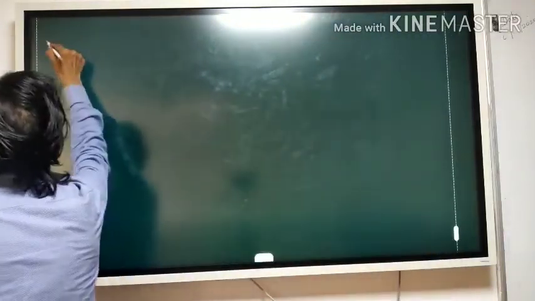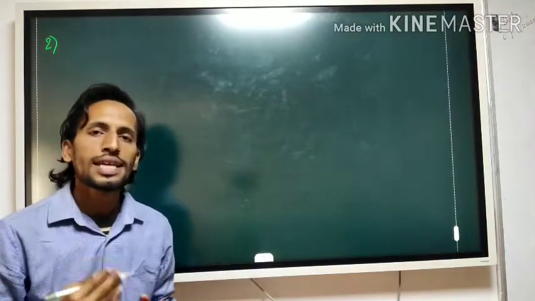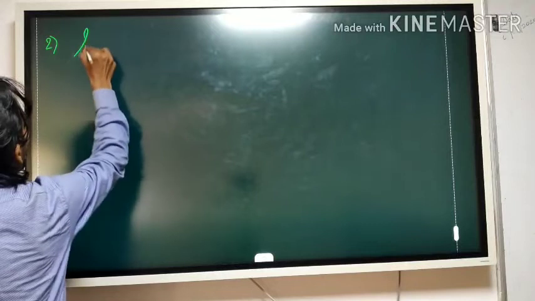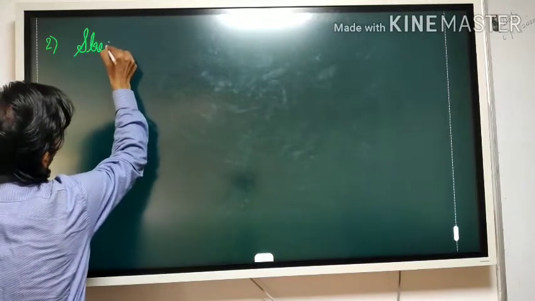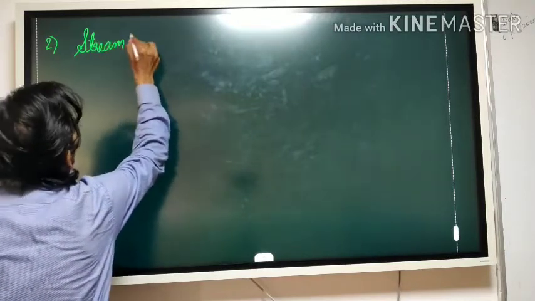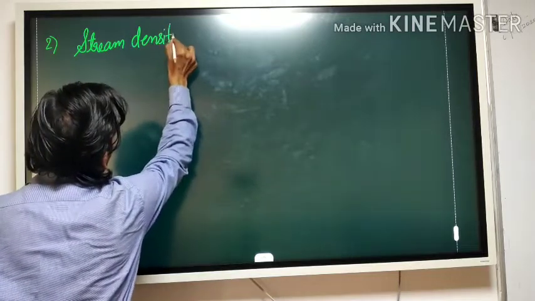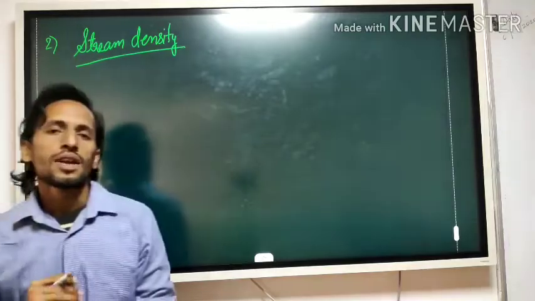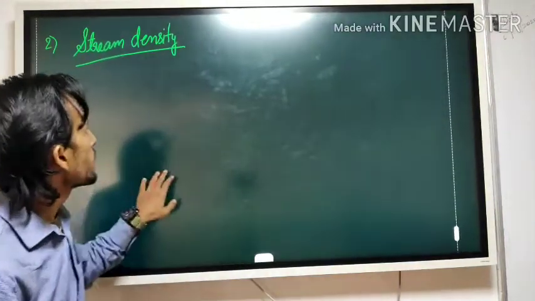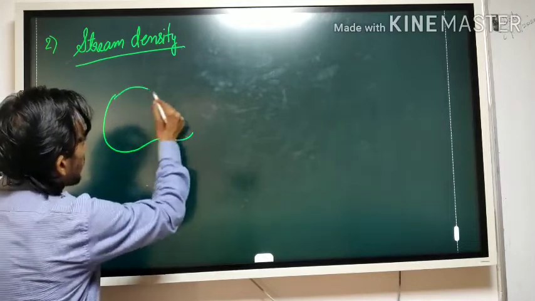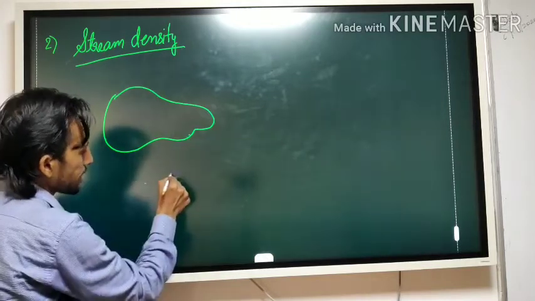So let's go to the second point, which is stream density. So what is stream density? Let's say the catchment area or basin is like this.